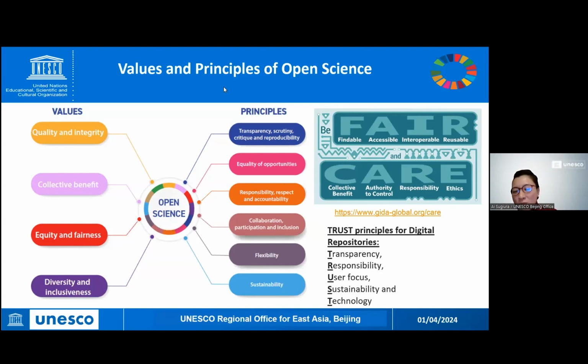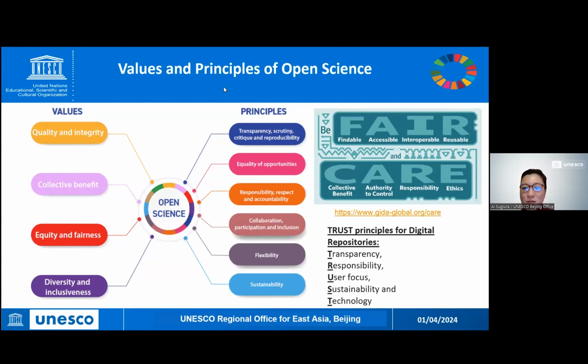And there are three main principles that are very important within the open science movement. First, we open, but according to the FAIR principles: findable, accessible, interoperable, and reusable.